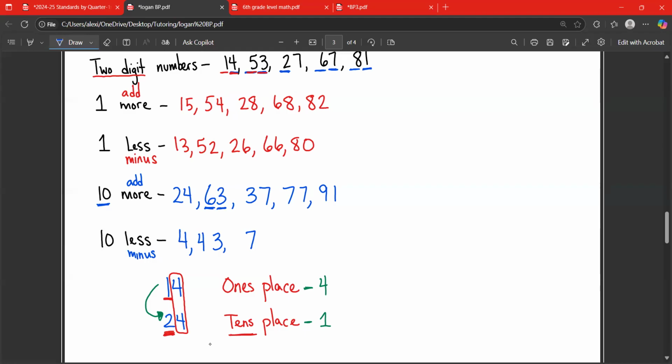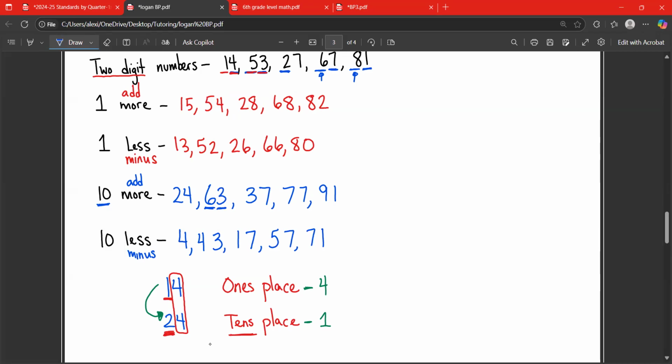It's got to come down 1. 17. Okay, 67. 7 stays the same, but the 6, it's in the tens place. It's got to come down 1. 57. All right, and then the last one, 81. The 1 stays the same, but the 8 has to come down. Why? Because it's in the tens place. 71.